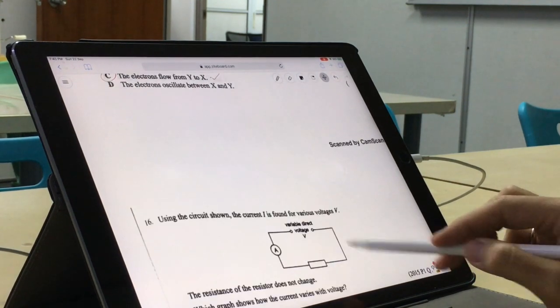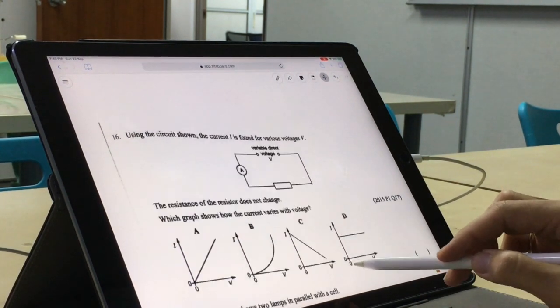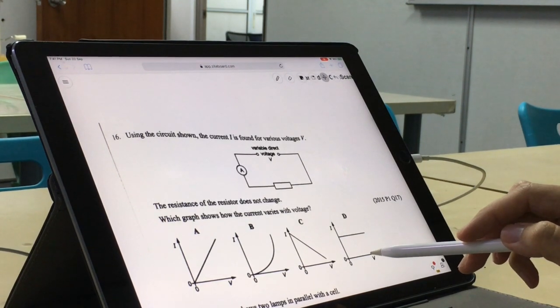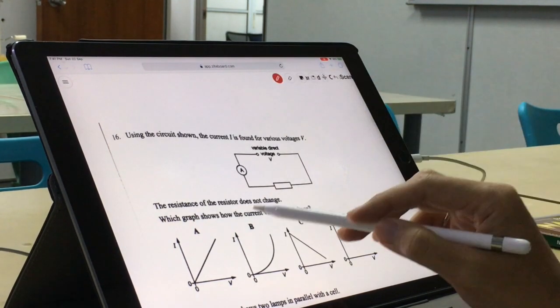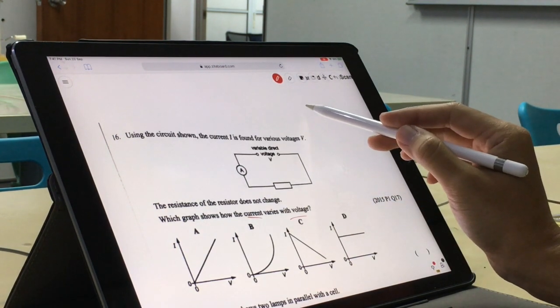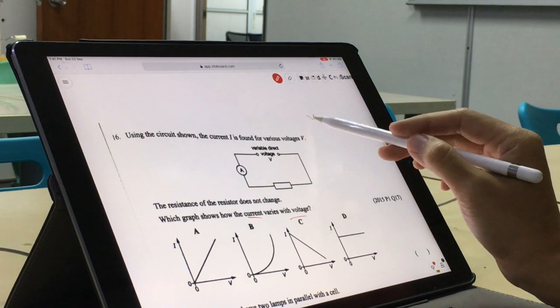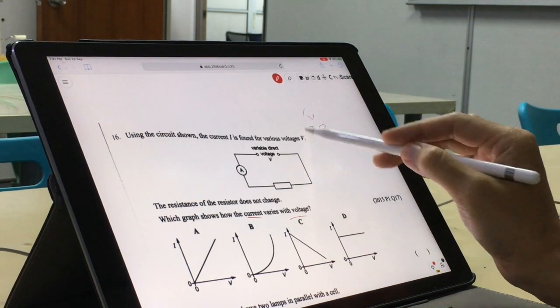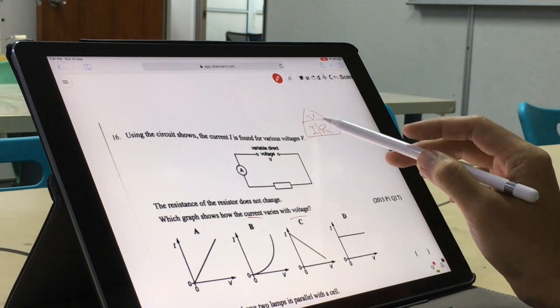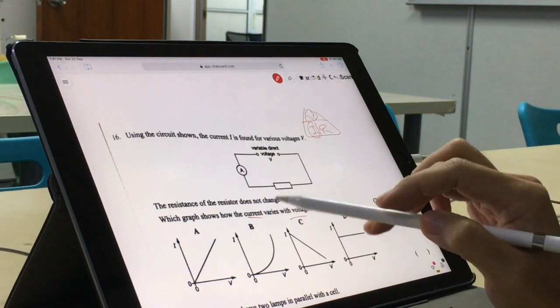Next. Let's go. We got a lot of questions to do. Which graph shows how the current varies with voltage? Now, current versus voltage. Our formula is V = IR, right? That's the formula. So current and voltage is here.